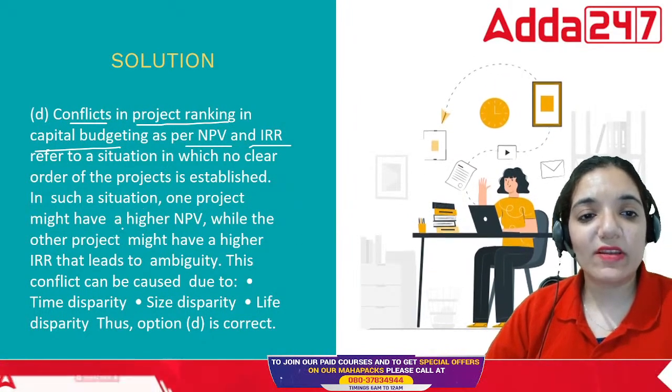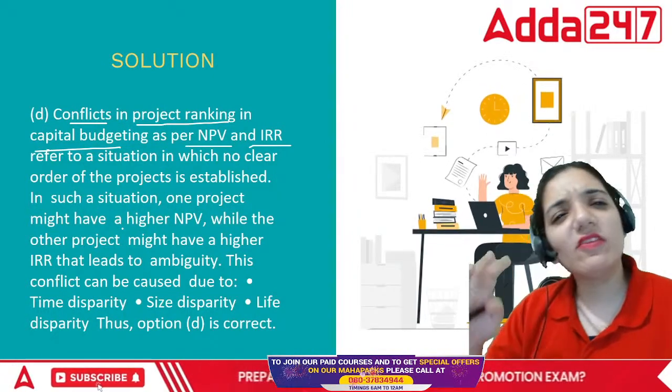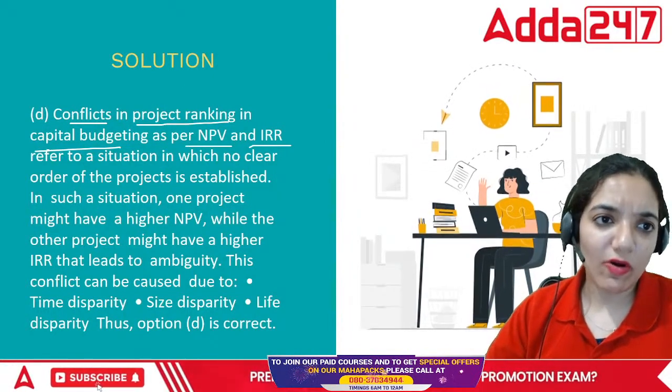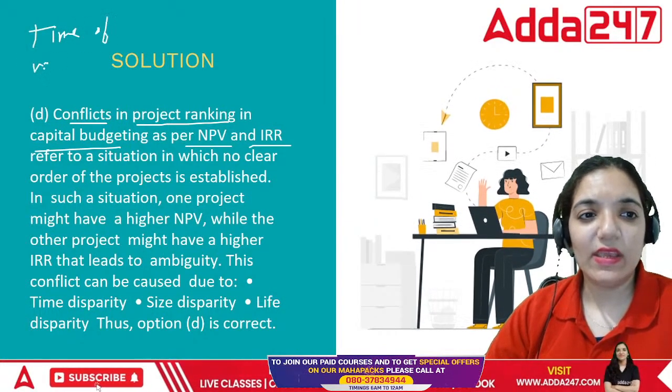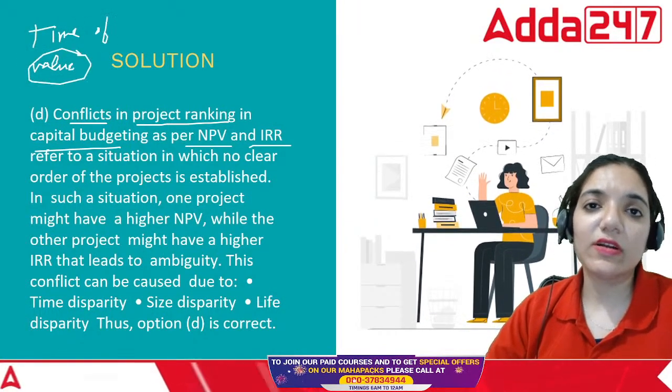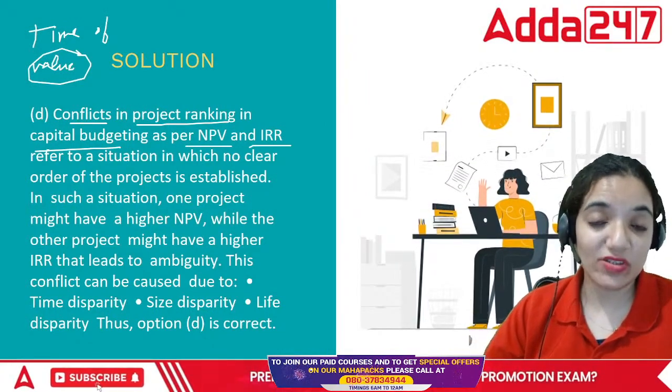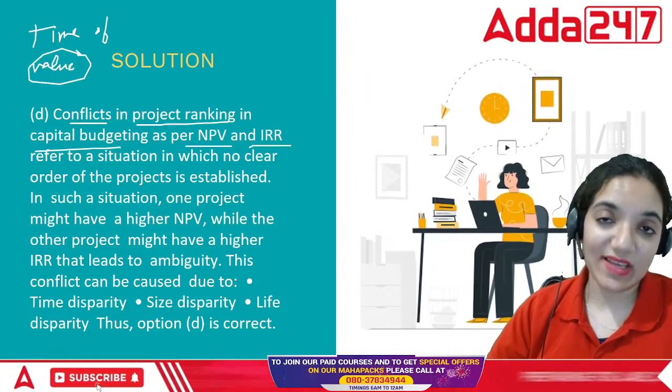I think we will talk about the time value of money portion through questions. In the upcoming class, I'll bring a particular time value of money based question so that you can understand that point.